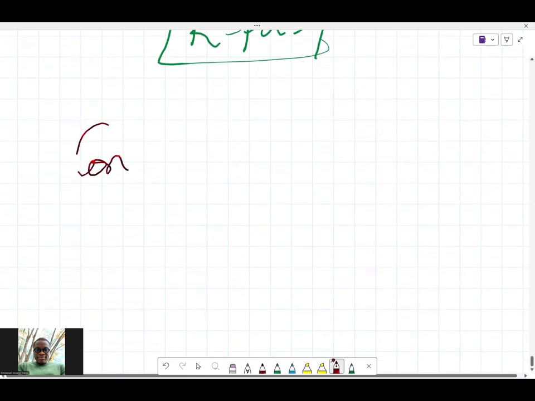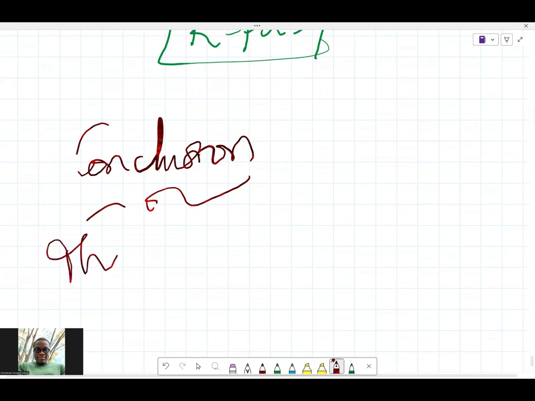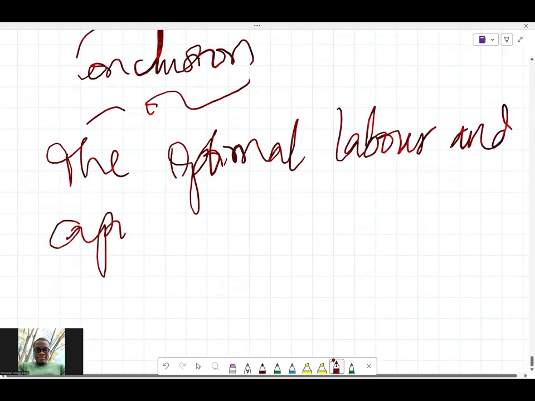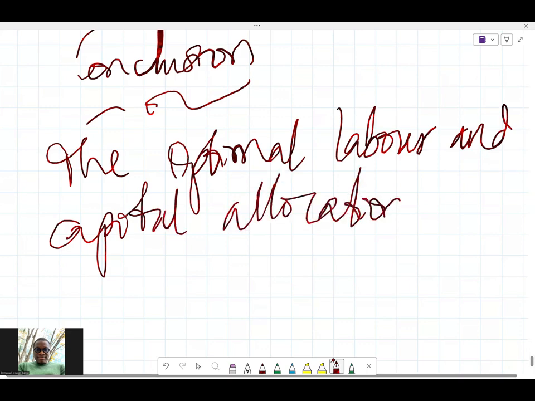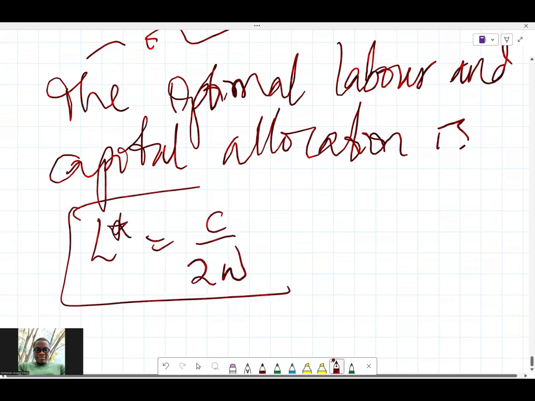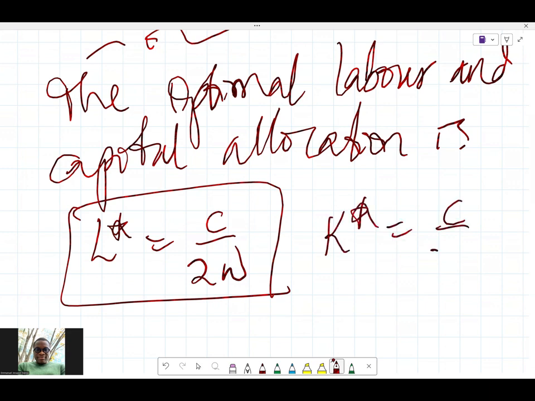So in conclusion, the optimal labor and capital allocation is L star, which is C over 2W. And then we have K star for capital, which is C over 2R.